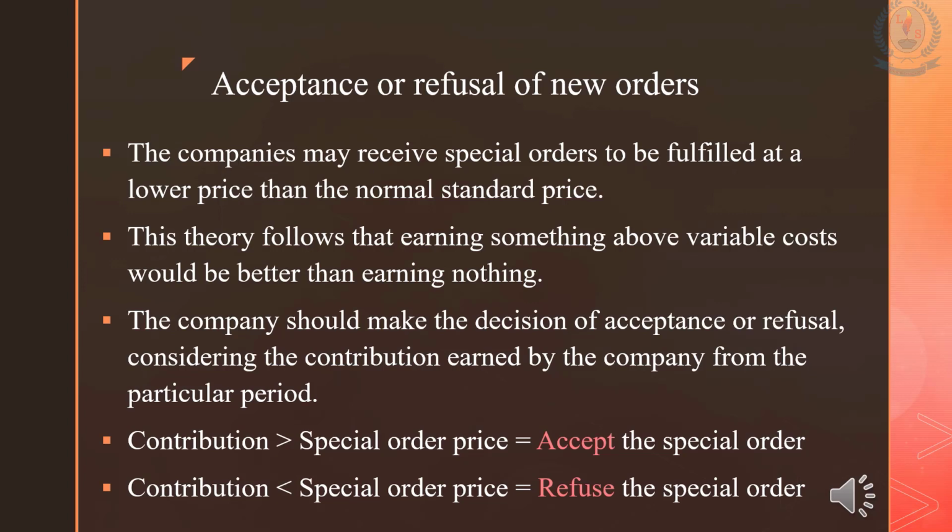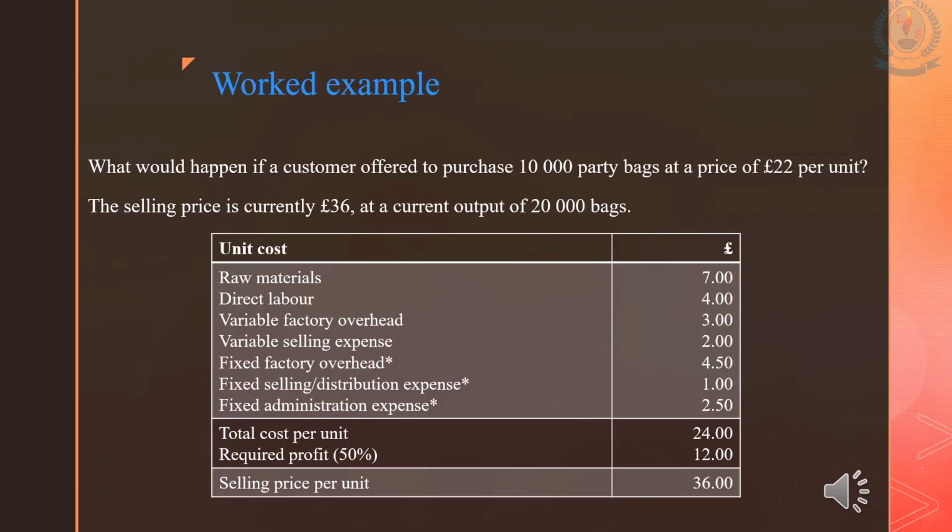The customer is made aware that this is a special one-off price and might not be available in the future, and existing customers are not made aware of this, as they might demand a reduction in price, and neither does the customer enjoying the special price sell the goods on to its own customers at a lower price than the standard price.